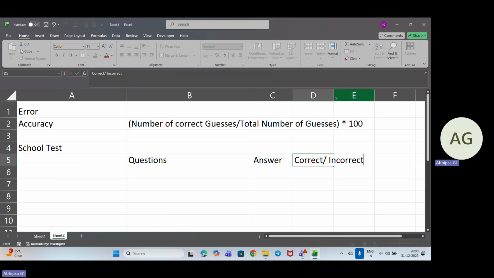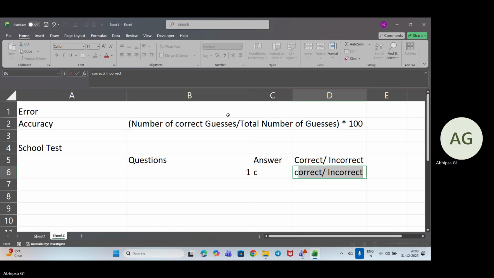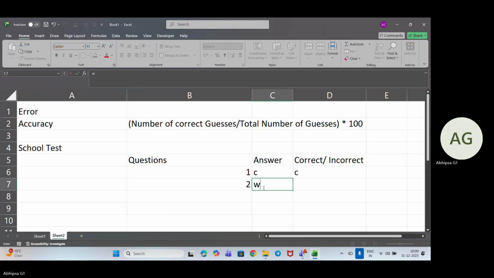Question one: the answer is correct and my prediction was also correct. Question two: the answer is wrong, so it is wrong basically.